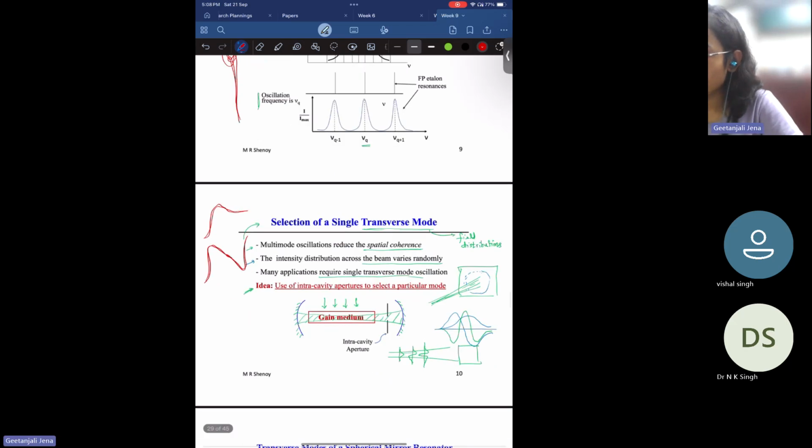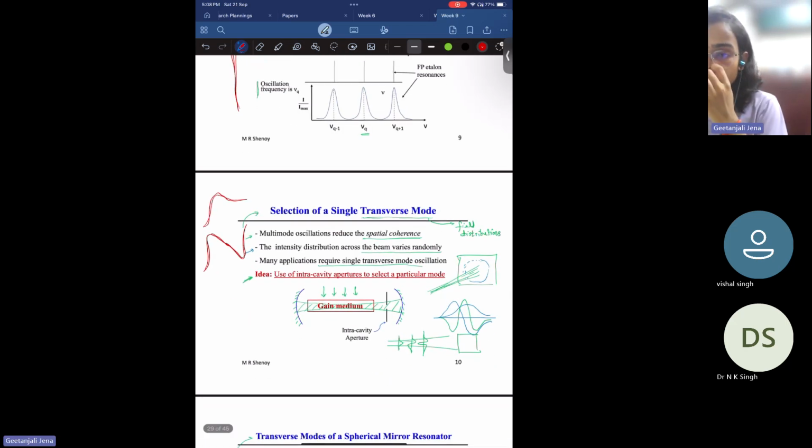So instead of a longitudinal mode, how can you select a single transverse mode? Transverse mode means the field distribution. So filtering out a single transverse mode means we are selecting those modes which have the same field profile along the transverse direction, either this or this or any kind.